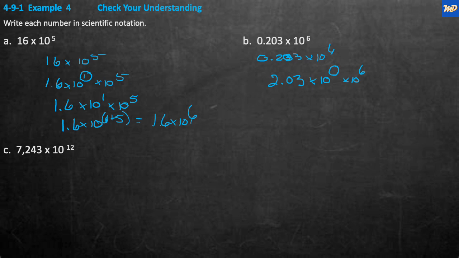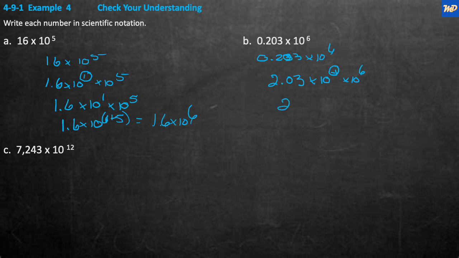In order to get from 2.03 to 0.203, we have to divide by 10. To divide by 10 means we're going to have a negative 1 right there in that little circle.